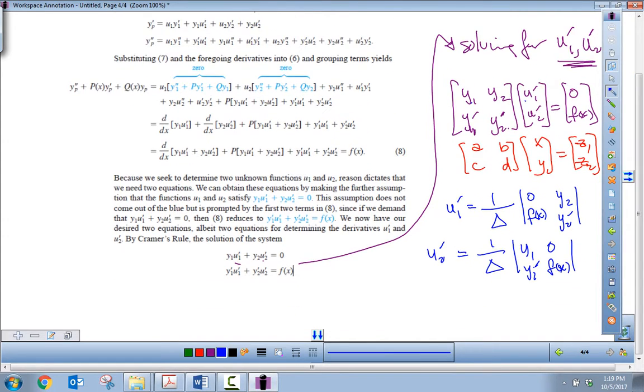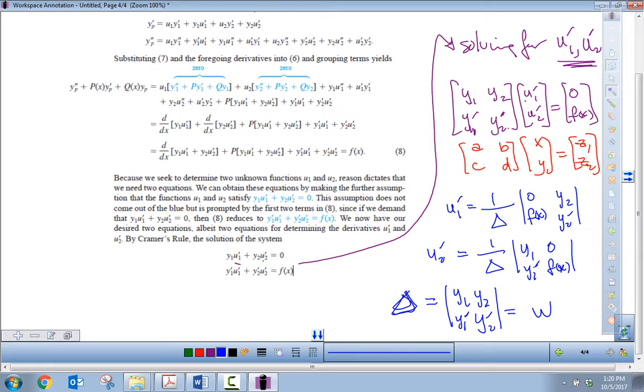And of course the determinant is the determinant of y1, y2, y1 prime, y2 prime, which is what we call the Wronskian. Yeah, so that's how we tie it back up together. And so our task is to find u1 and u2, which means after finding u1 prime and u2 prime, we have to integrate to get u1 and u2. Okay?